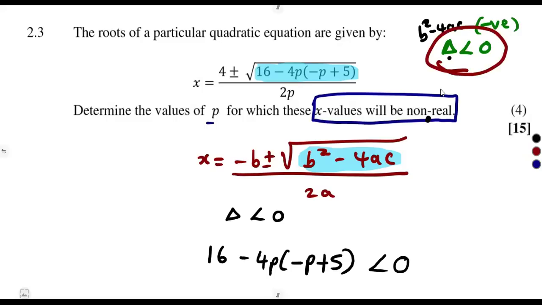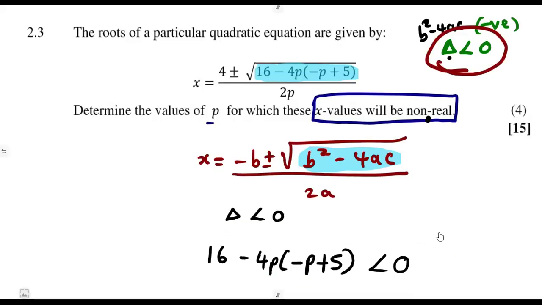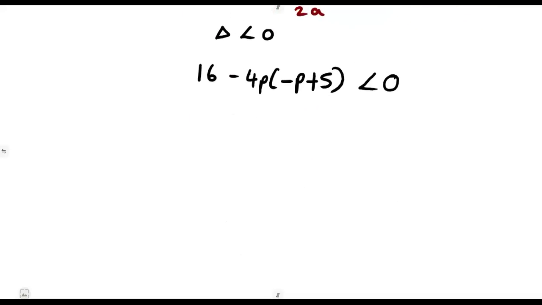That alone is where we have applied the nature of roots. But as we have applied it, here we now have a new question. It's no longer about nature of roots. It's about inequalities. So do not keep thinking, I'm under nature of roots. We are now under inequalities.